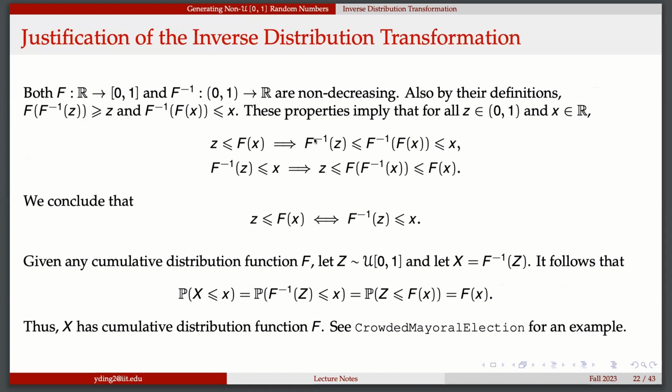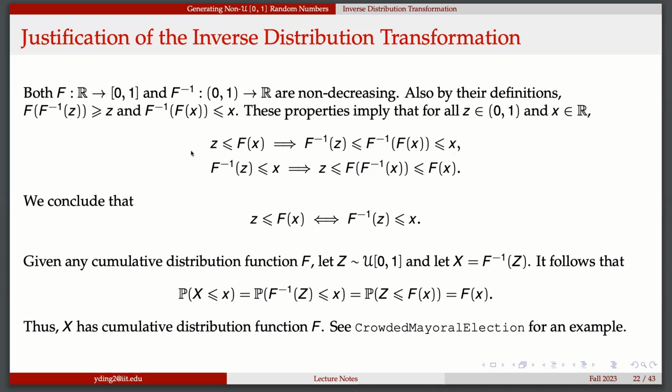This tells us X is greater than or equal to F inverse of Z. Because Z is less than or equal to F of X, and the inverse function is non-decreasing, when we take the inverse, this one should be less than or equal to that. Similarly, F inverse of Z should be less than or equal to X. That's what we have based on the first line.